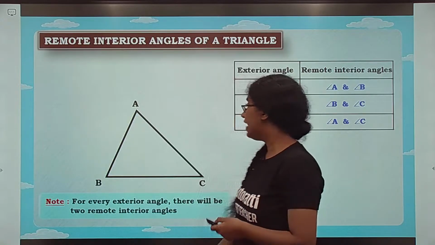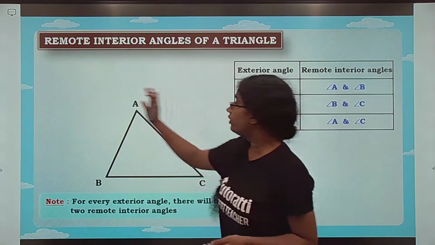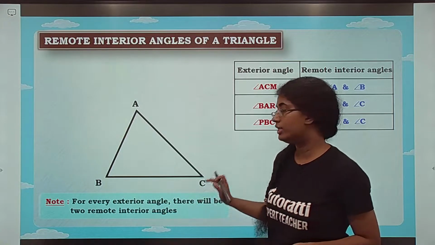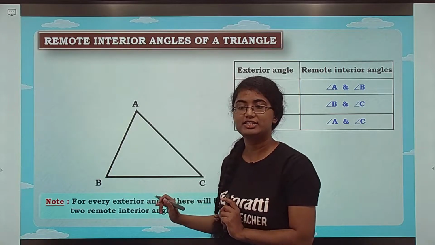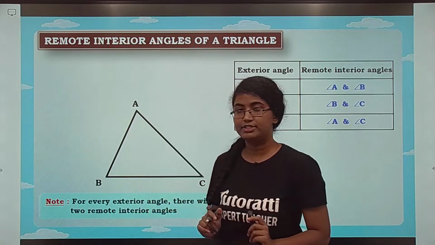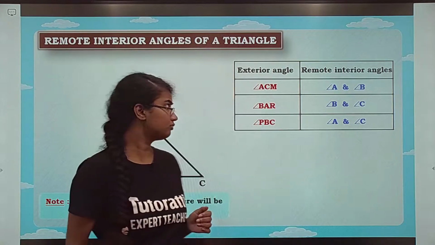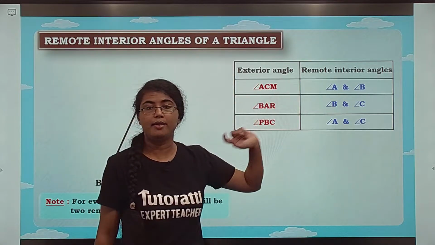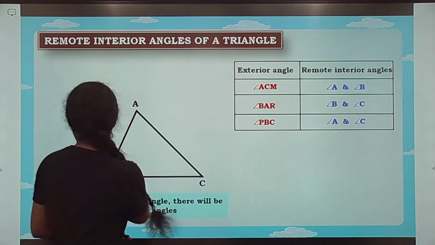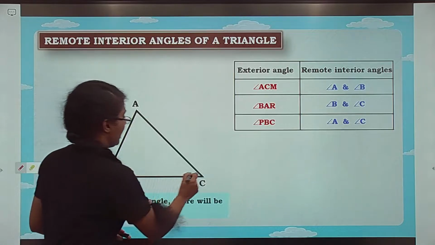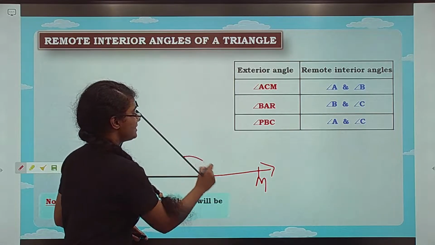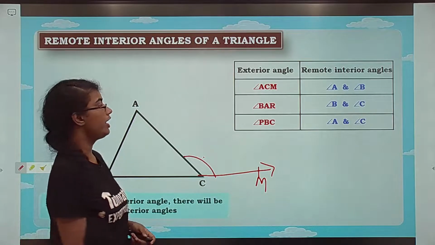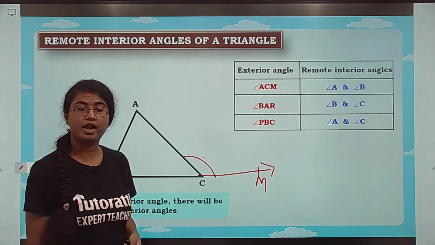Let's move on. Now here, this is triangle ABC. Let's try to highlight all the remote interior angles for all the exterior angles. Here, angle ACM: I have extended BC further up to a point M. Now this is my exterior angle. Which are its remote interior angles?